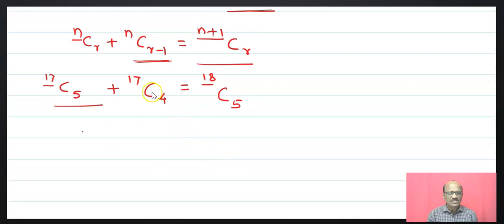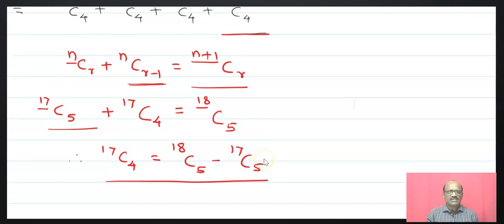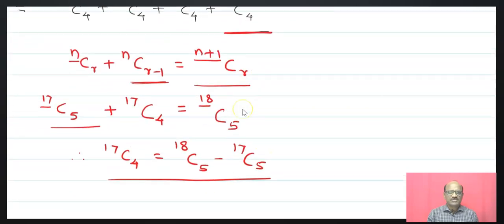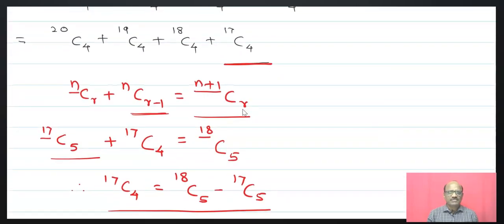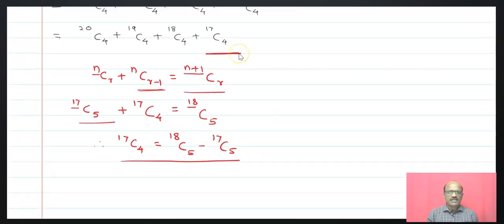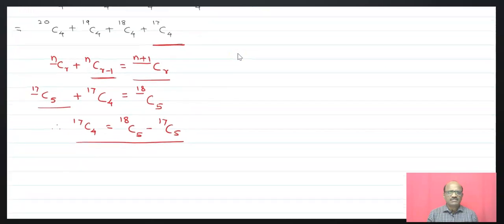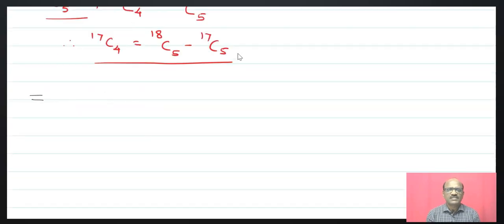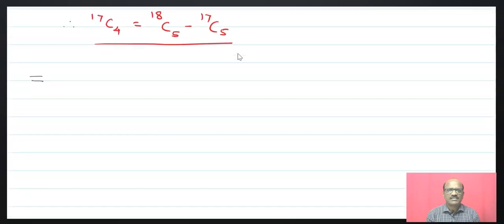Now see this, the value of 17C4 is equal to 18C5 minus 17C5. Substitute the value of 17C4, that is 18C5 minus 17C5.